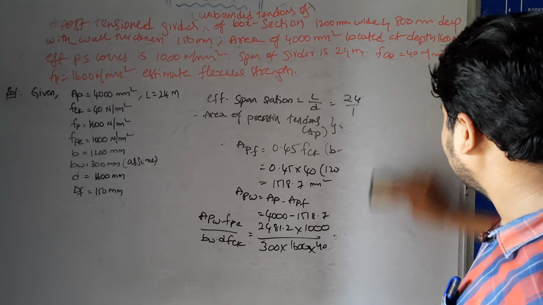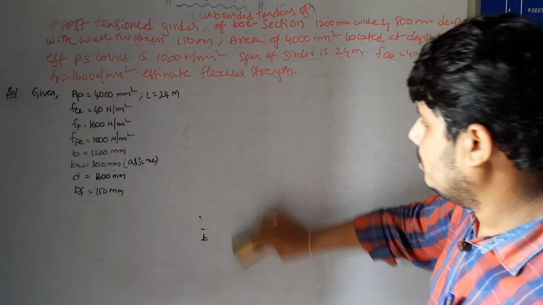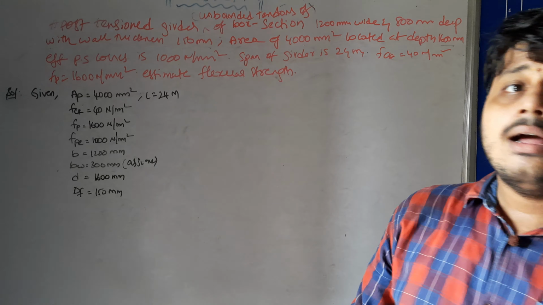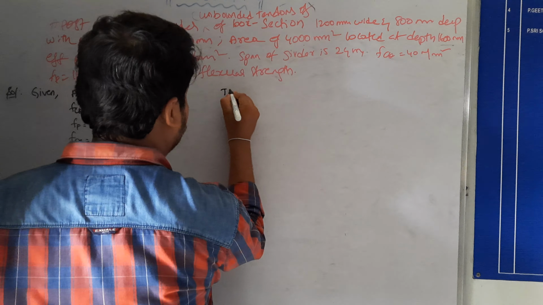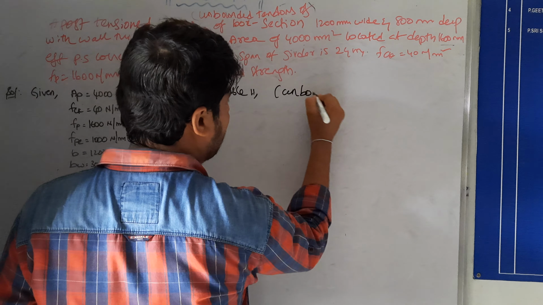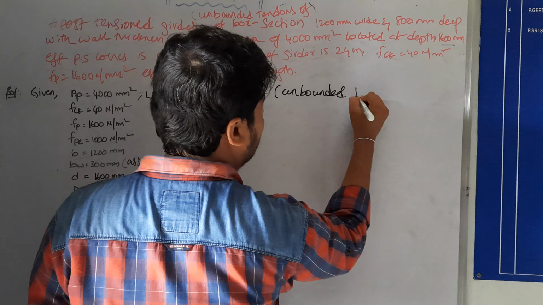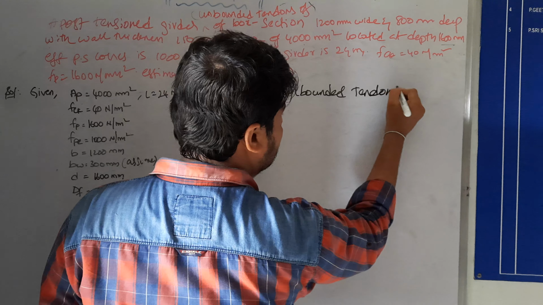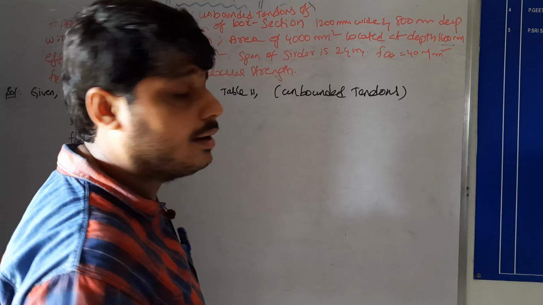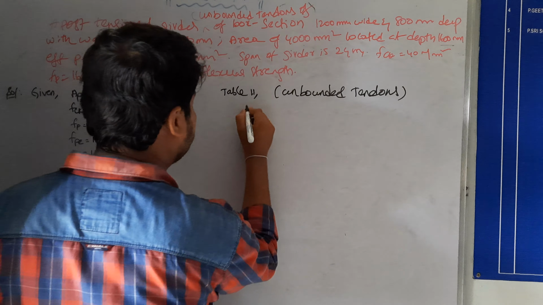While calculating the value from table 11, this question gives unbonded tendons. So the formula will be changed for unbonded tendons.